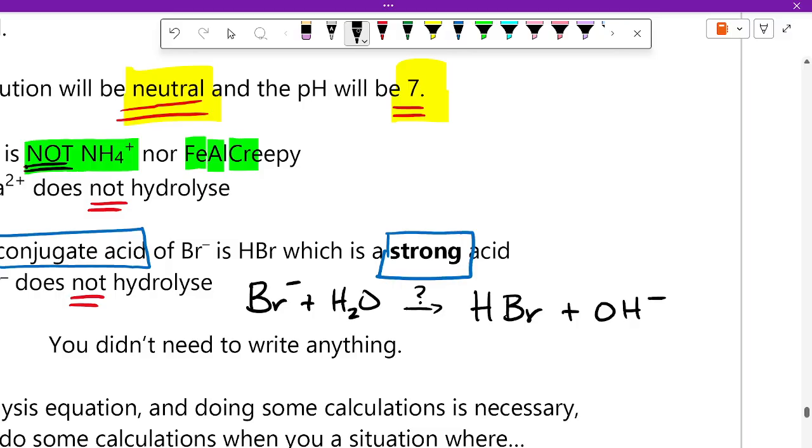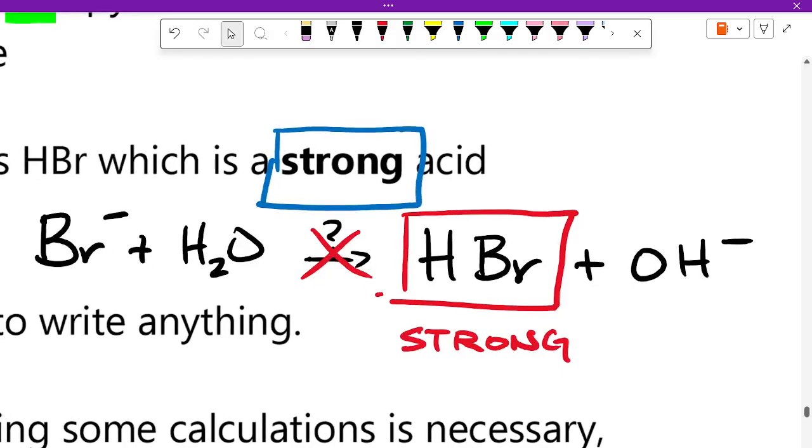At that point, I look at my acid and I say that acid is strong. What direction would that push any equilibrium? Your other left?